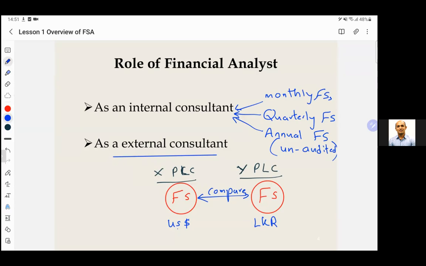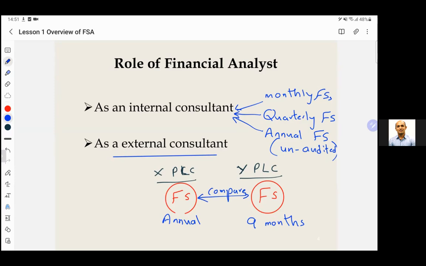Another example, XPLC has prepared annual financial statements, but YPLC is a company started during the year, so its financial statements cover only 9 months.